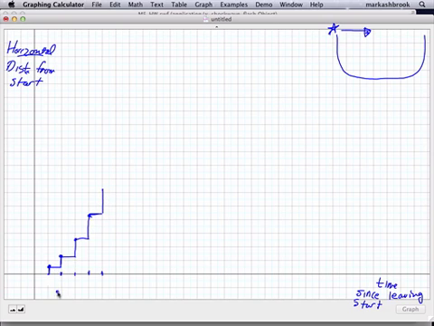So in the first part, as he's heading down the ramp, the changes in horizontal distance are doing what? Increasing, which means that the rate of change is increasing, and the graph is concave up. That's what the change is increasing means. The graph is concave up.